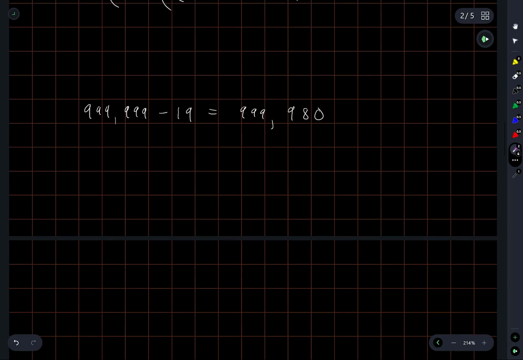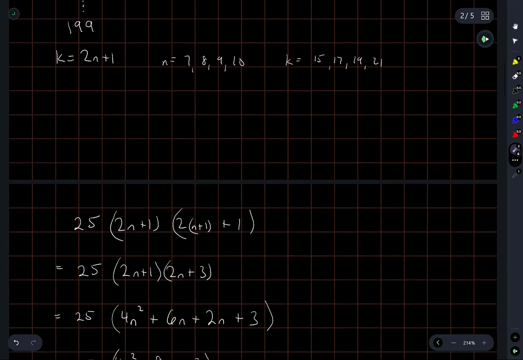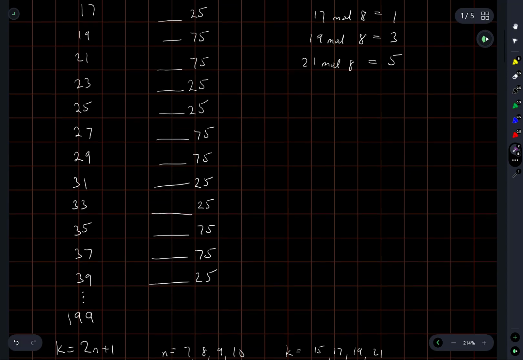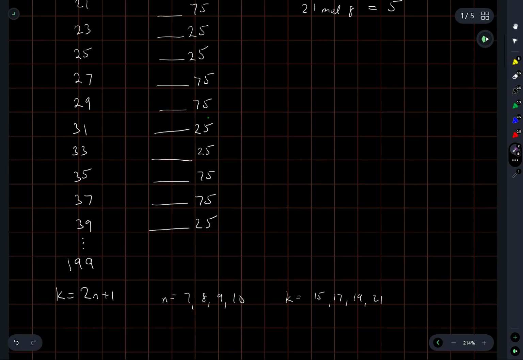This doesn't. 199 minus 31 is 168, which is equal to 8 times 21. Okay, so I know that these two numbers, 199 and 31, have to be in the same group in terms of the last two digits of the product. So 199 and 31, the products will both end in 25.